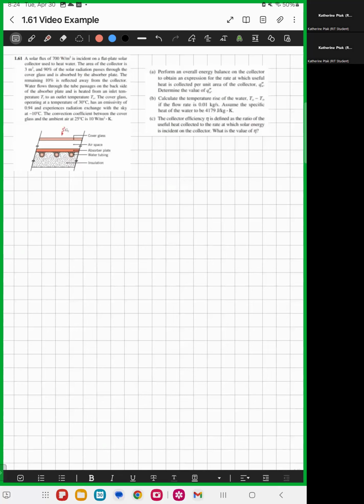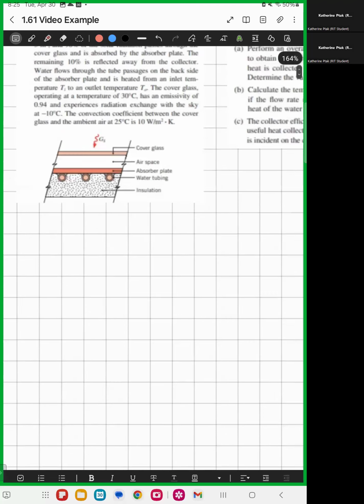Assume the specific heat of the water is 4,179 joules per kilogram Kelvin. And then part C: the collector efficiency is defined as the ratio of the useful heat collected to the rate at which solar energy is incident on the collector. What is the value?